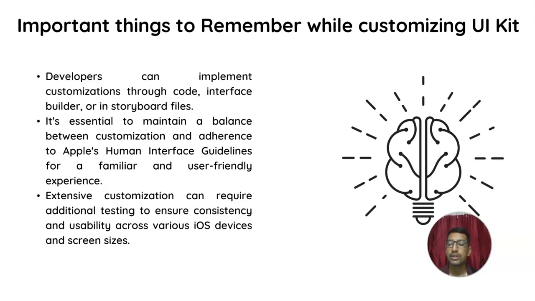Now we will see that it is essential to maintain a balance between customization and adherence to Apple's Human Interface Guidelines for a familiar and user-friendly experience. Extensive customization can require additional testing to ensure consistency and usability across various iOS devices and screen sizes.